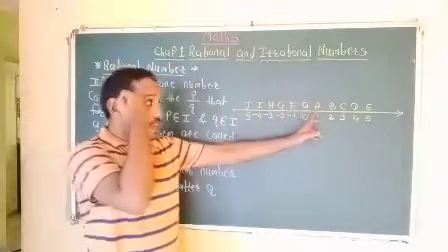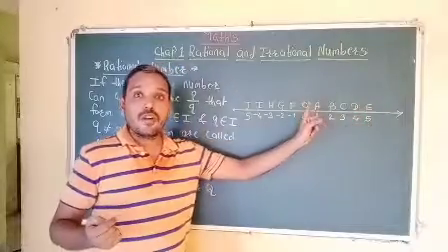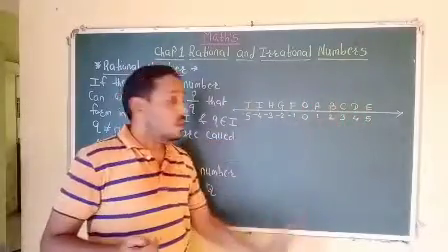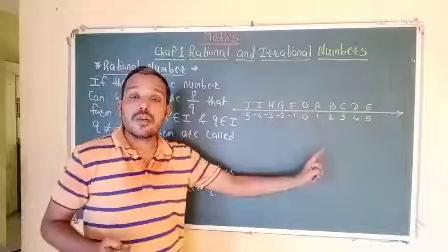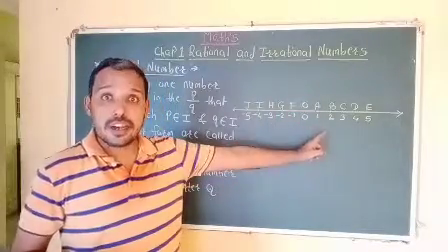Those points A, B, C, D, E, F we call points, and the real numbers are called their coordinates.